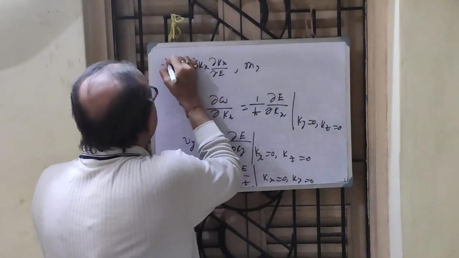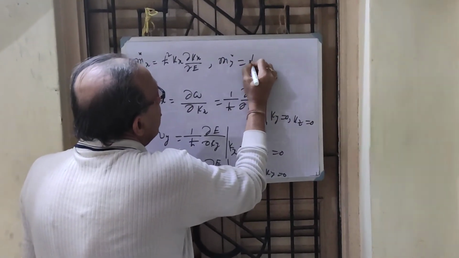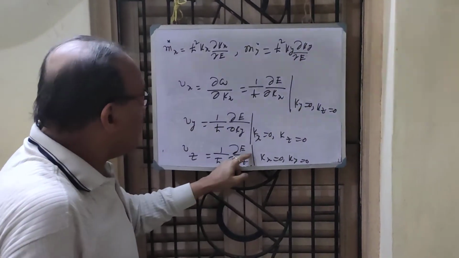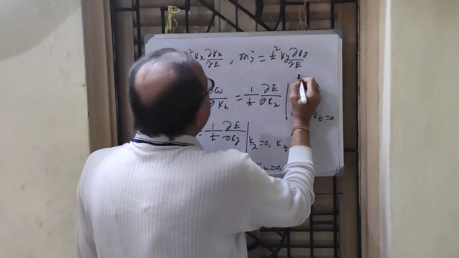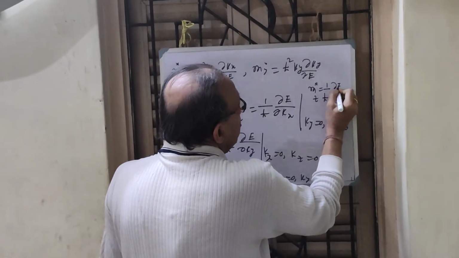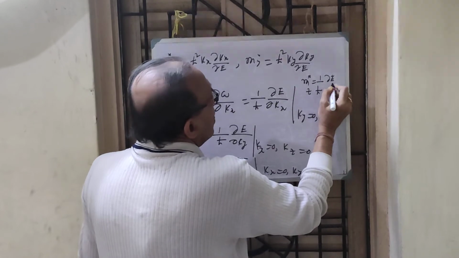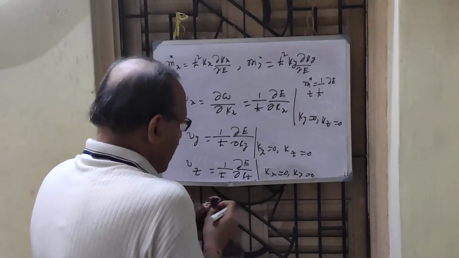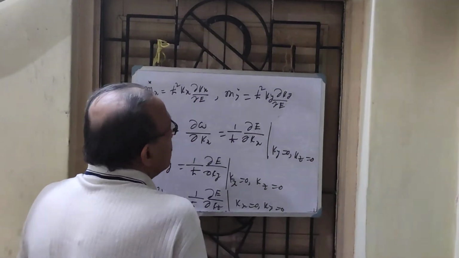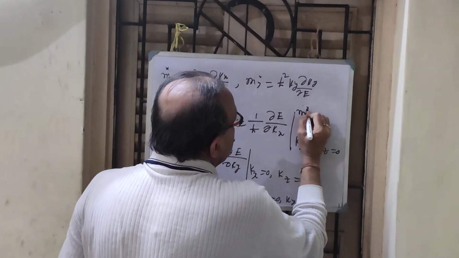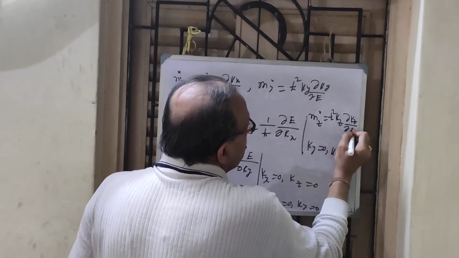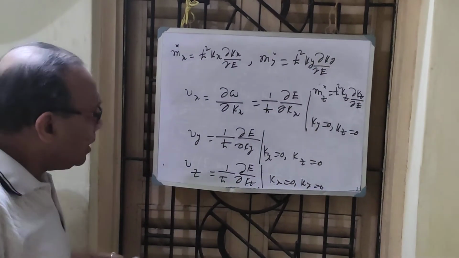Effective mass along y direction is similarly with h bar square ky dE by dky, where x and z components are 0, together with effective mass along z direction, mz star, h bar square kz dE by dkz.